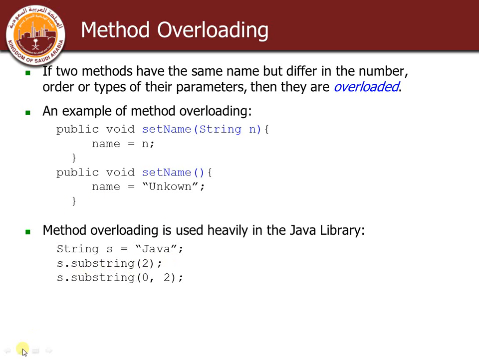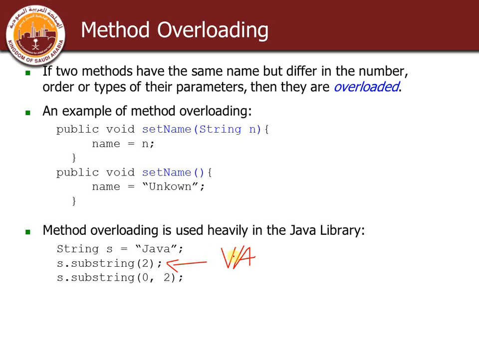Yeah, what this does, it just extracts. In this case, what does it do? S.substring(2). So what would be the result? I have S instead of S, Java. V or VA? This one is going to show me VA. Because if you give only one position for the substring, it is going to tell you this is where I start, and I'm not ending until I reach the end of the string.